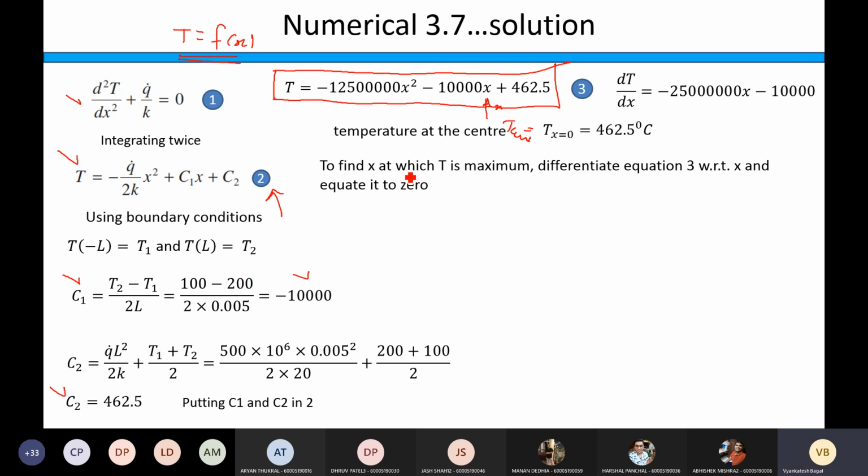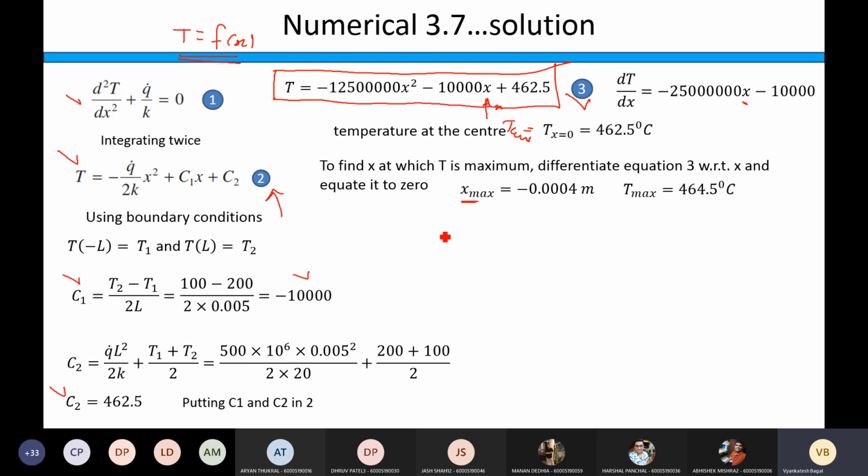Now to find X at which T is maximum, the same procedure: differentiating equation 3 with respect to X and equating it to 0. So I am writing dT by dx and equating it to 0. If I equate this expression to 0, I can find this X. Let us call it X max, in connection with the temperature T max.